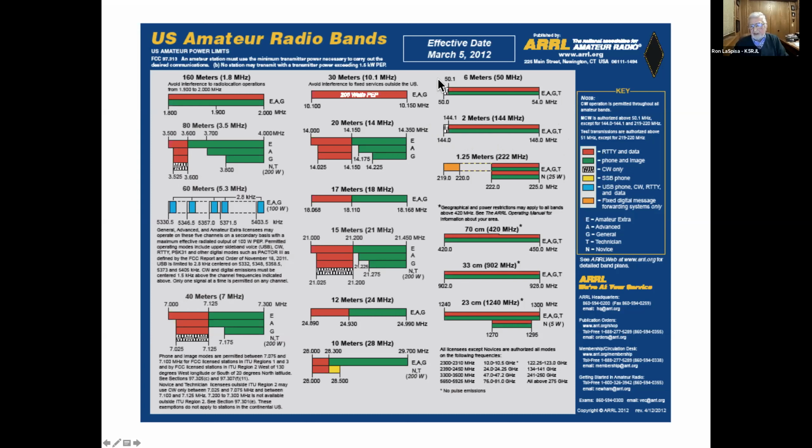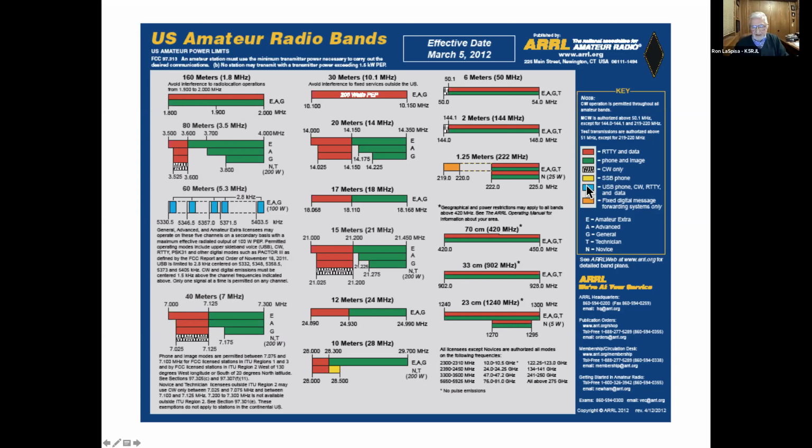When we get to 6 meters, you can do FM there, and you can also do single sideband. There are ways of doing single sideband on 2 meters, but we won't see them unless you get a very fancy radio. Now, when we get down here in these really low bands, if you ever get these real long antennas and the fancy radios and the amplifiers, then you're going to be using single sideband modulation most of the time.